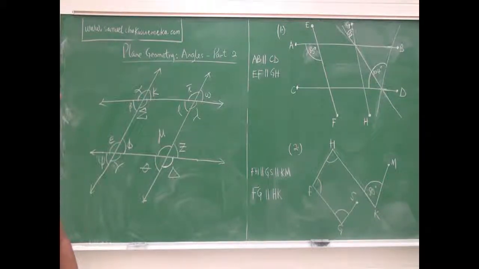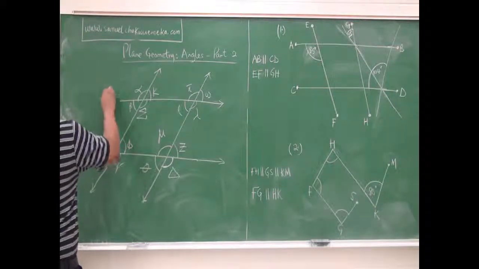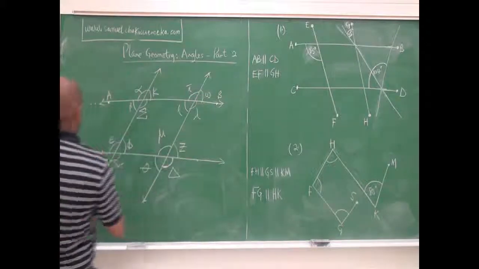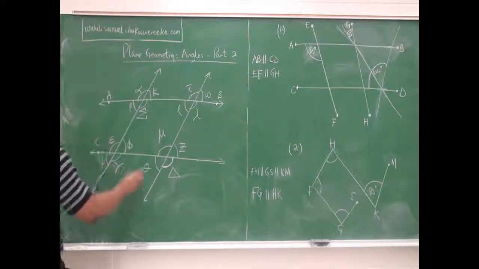Okay, let's look at all this now. I want us to find the angle properties of these parallel lines. You have two parallel lines now that cross each other. Let's say AB is parallel to CD, and this is CD.